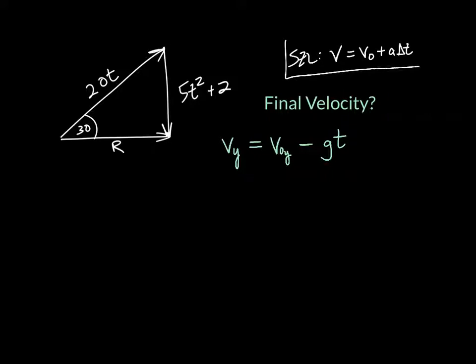That would have been the second zeroth law. That's the general version of velocity. Of course, g is downward directed, okay? So what we have here is a equals minus g. So if a was minus g, then I have minus gt for that.